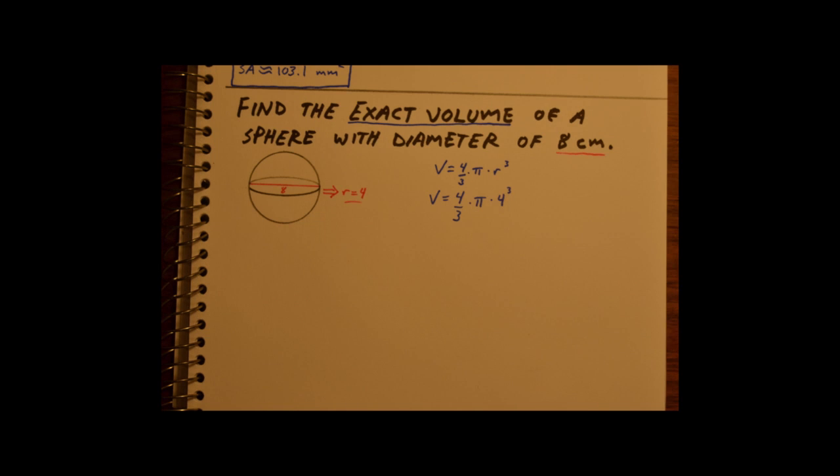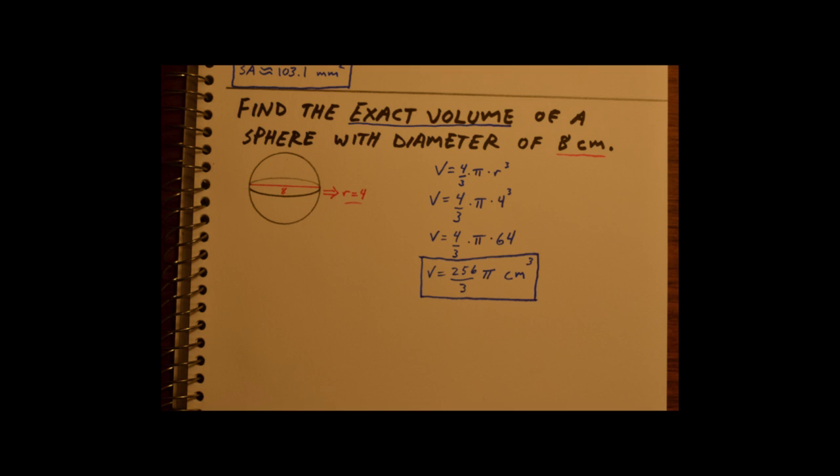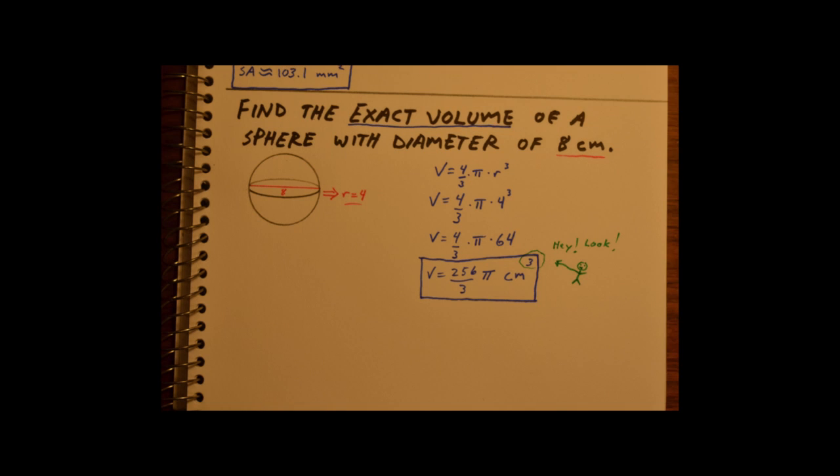So we have 4/3 times pi times 4 to the third power, and 4 to the third power is 4 times 4 times 4, which is 64. And then I'll multiply 4/3 times 64, and so we get an exact answer of 256 over 3 times pi cubic centimeters. Remember, when you're measuring volume, it's cubic units of measurement.